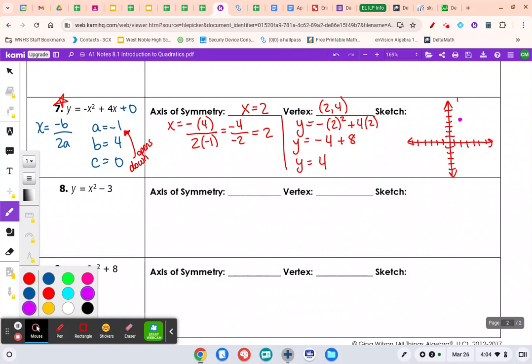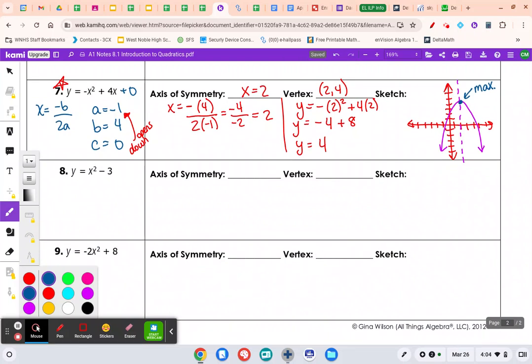We have our axis of symmetry, which is a vertical line through that point. And we know this opens down. Okay, this also means that this is a maximum. It is the highest point on the graph. All right, pause me. Try question 8.